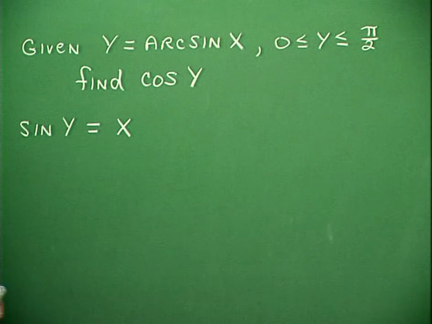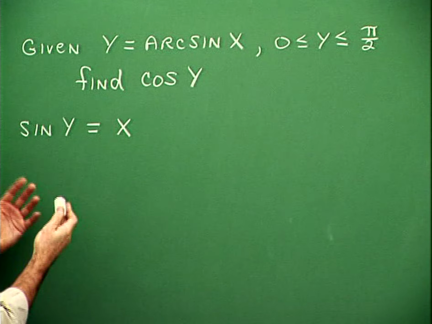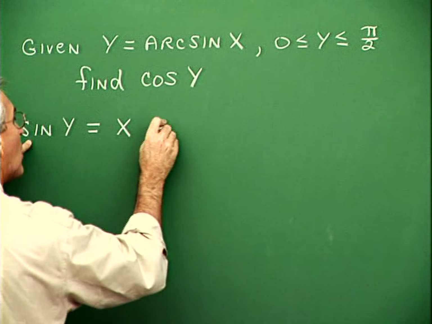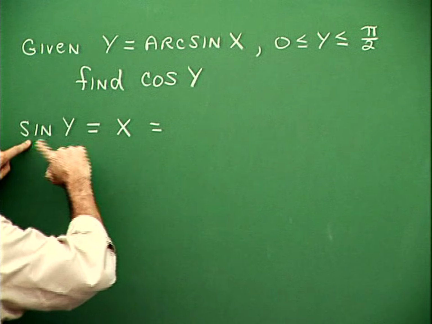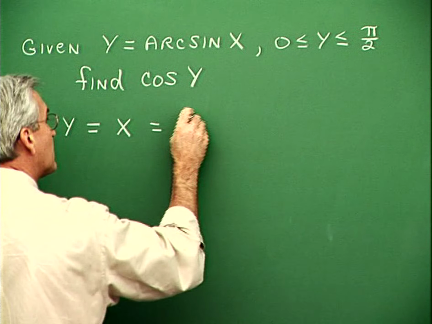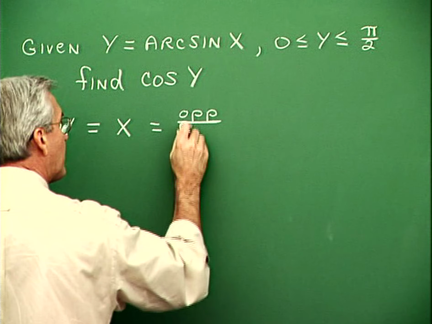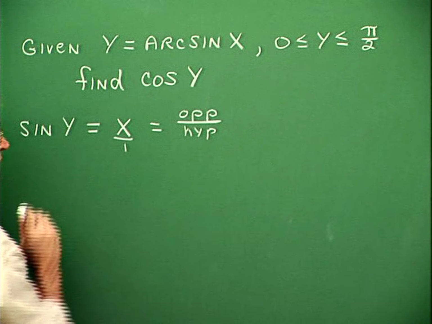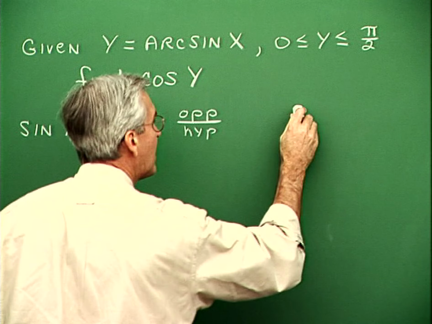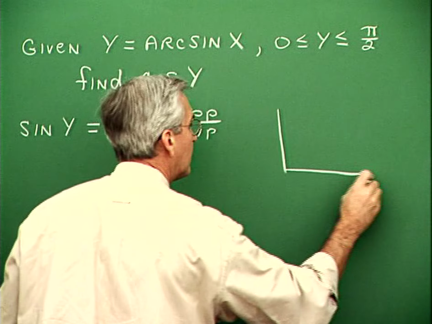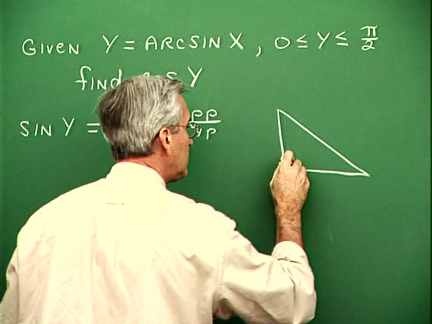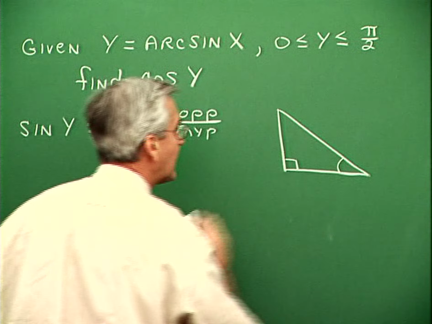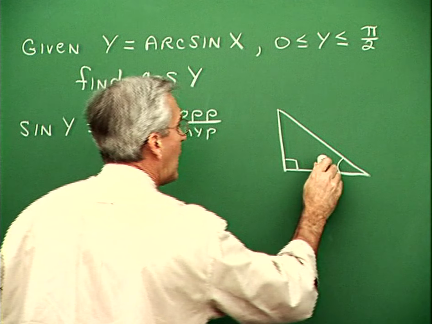What does that mean? Well, let's think in terms of ratio here. The sine of an angle is equal to x, but we know that the sine ratio is opposite over hypotenuse. And we can think of this as x over 1. So what we can do is make a little right triangle. And let's use as our angle this angle, and that angle is y.